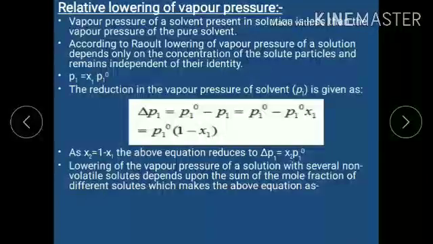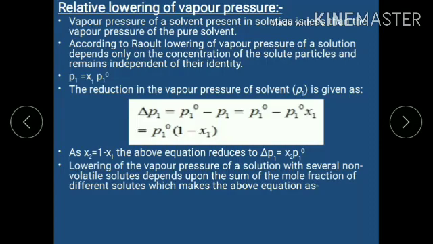As x2 is 1 minus x1, the above equation reduces to delta P1 = x2 P1 naught.